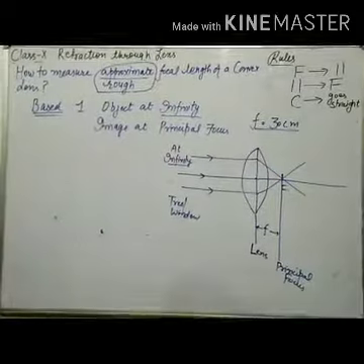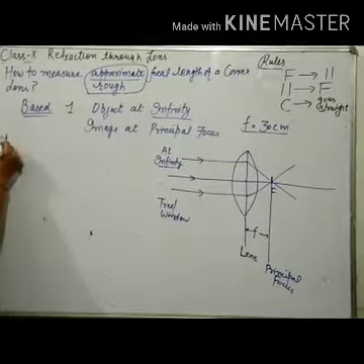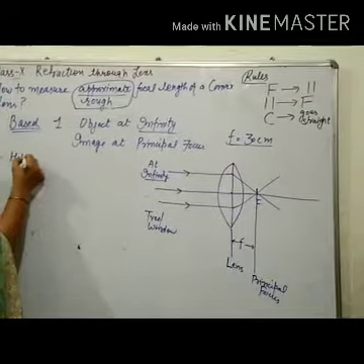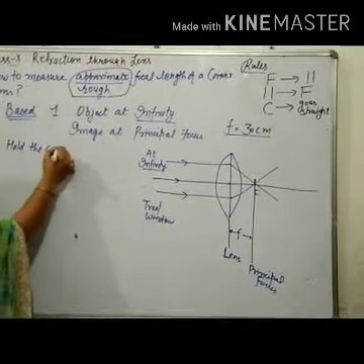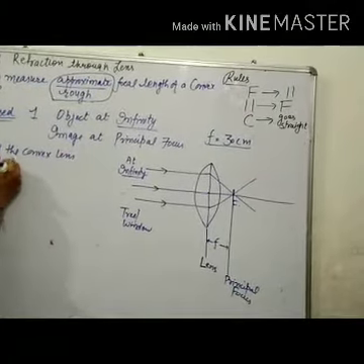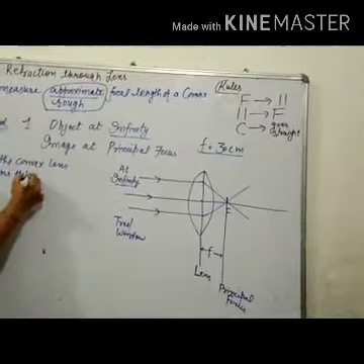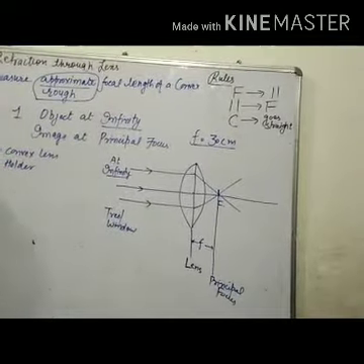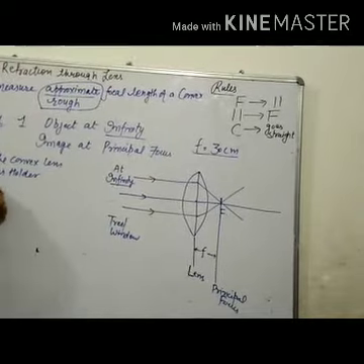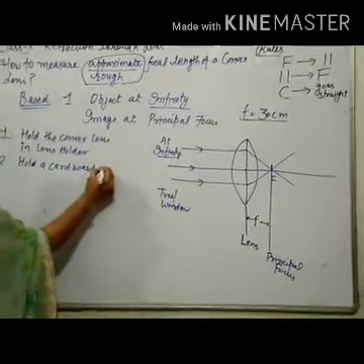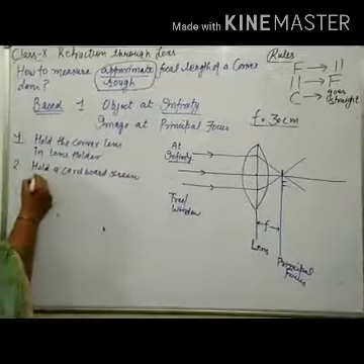Okay. So, what will be step number 1? Step number 1, hold the convex lens in a lens holder. Number 2, hold a cardboard screen so as to focus the image.